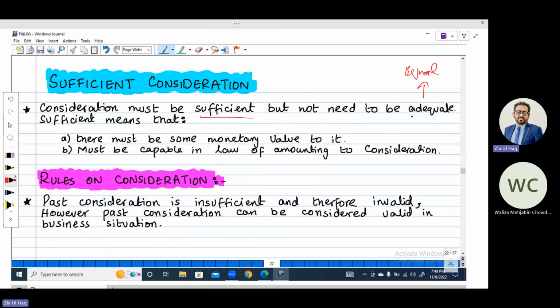It must be sufficient, but need not be equal to the other party's consideration. It means there must be some monetary value to it and it must be capable in law of amounting to consideration, meaning according to law that amount should be considered as consideration.